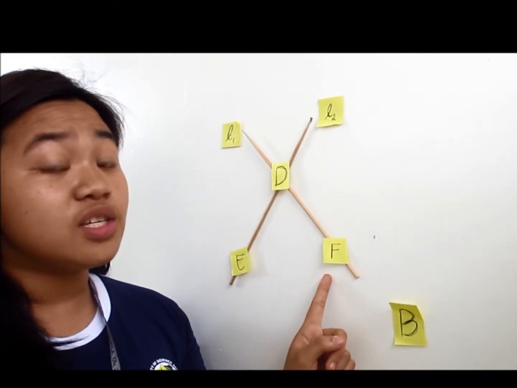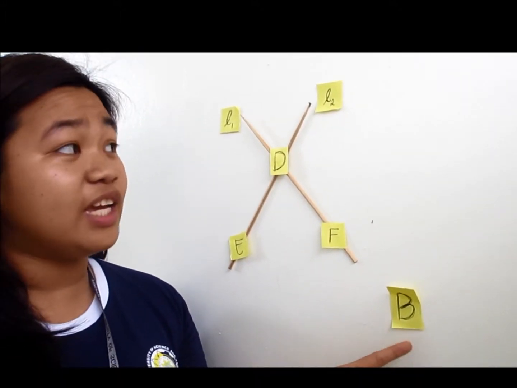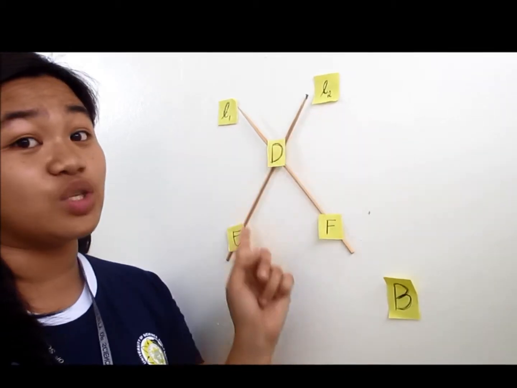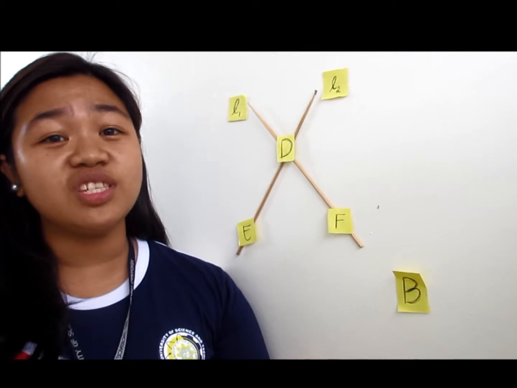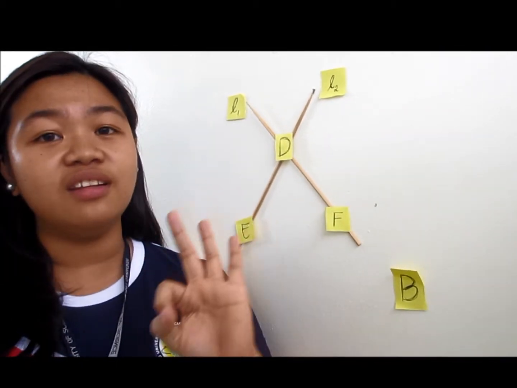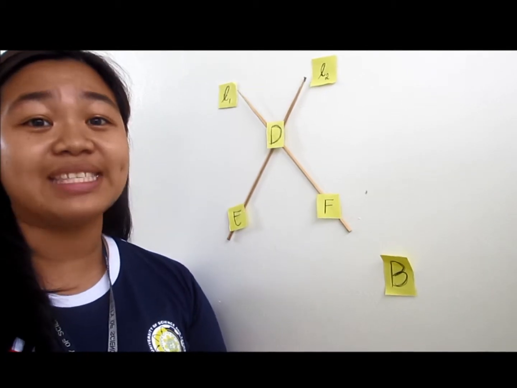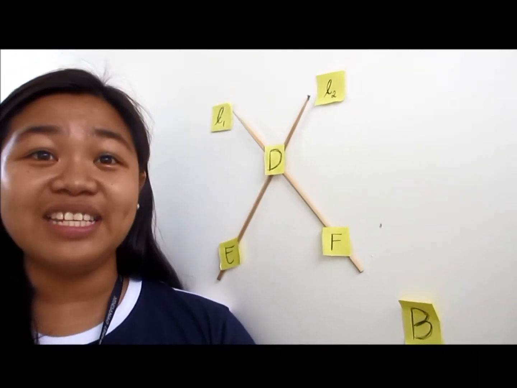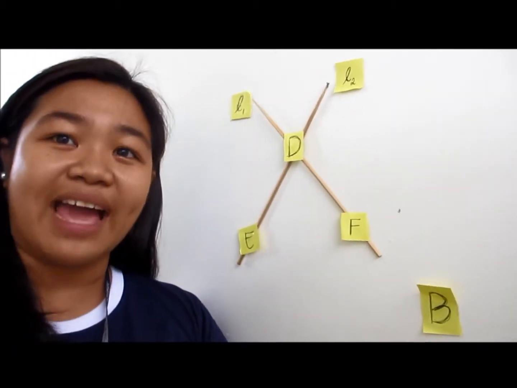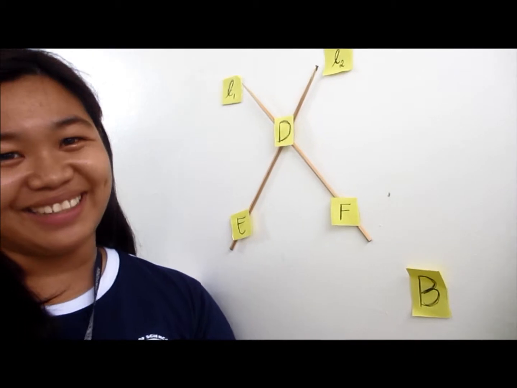DEF determine that plane B in which line 1 and line 2 lie. This is supported by Axiom 2, which states that through 3 non-collinear points, one and only one plane can be passed, and Axiom 1, which states that if 2 points of a straight line lie in a plane, then the whole line lies in the plane.